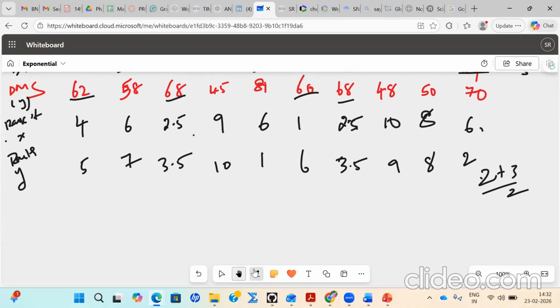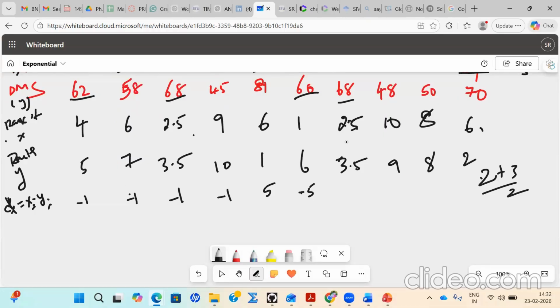So now we have to calculate di. di is equal to xi minus yi. The difference between these two is -1. This is -1, anything is fine. -1, -1, 5, -5, -1, 1, 8 minus 8, which is 0, and 4.